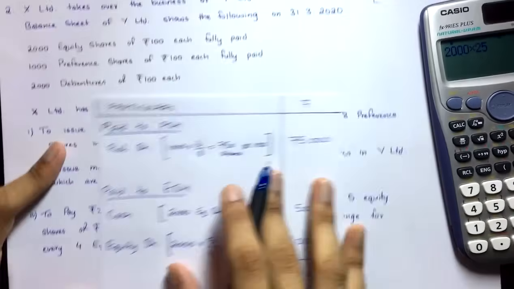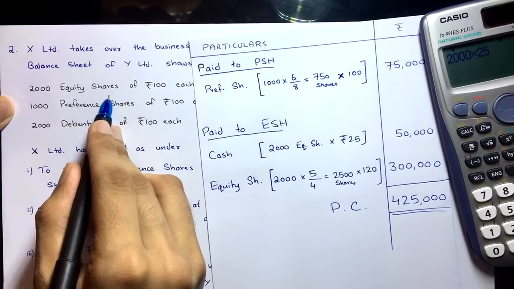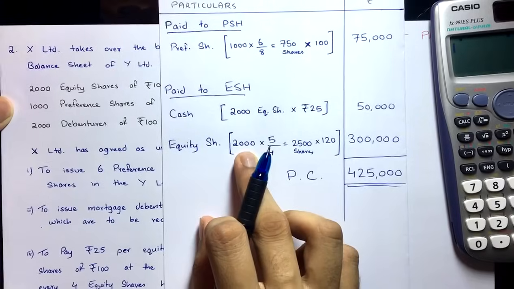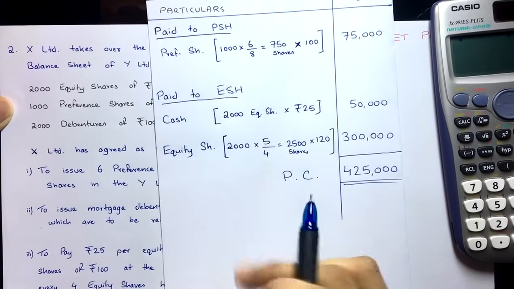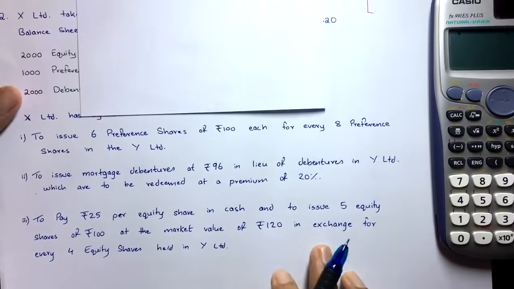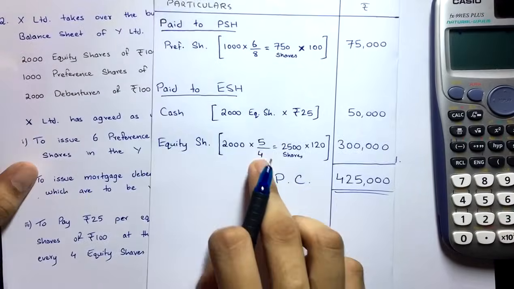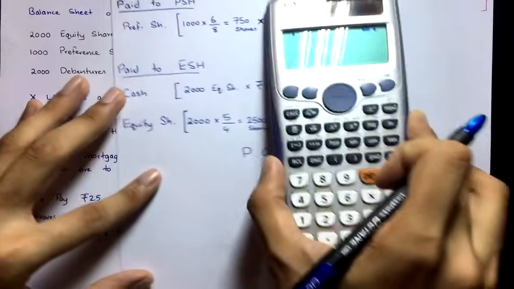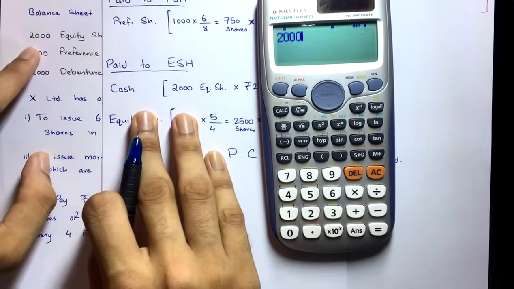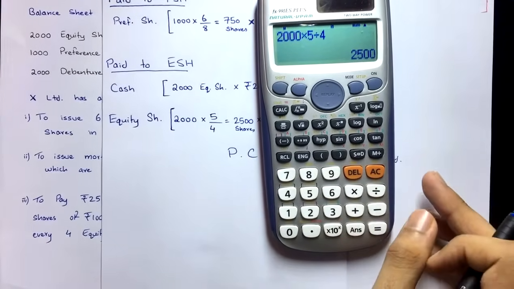How many shares are there in the balance sheet? 2000 equity shares are there in the balance sheet. So take that 2000 equity shares and then 5 for every 4, that is why 5 divided by 4. If you put that into the calculator, 2000 into 5 divided by 4 is equal to 2500.